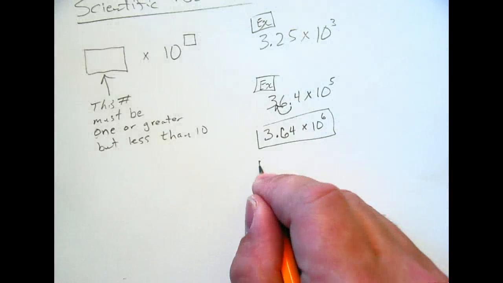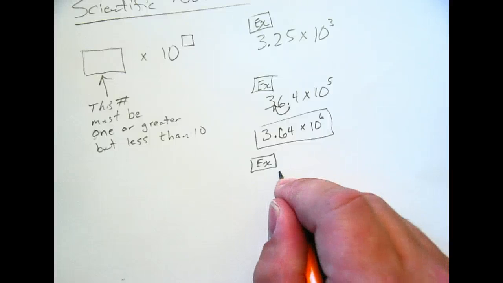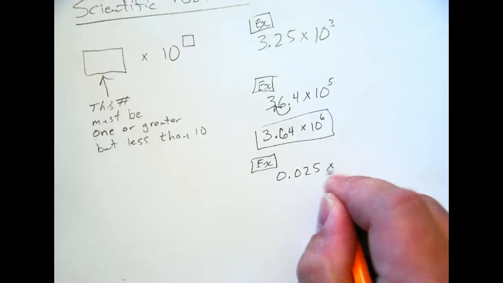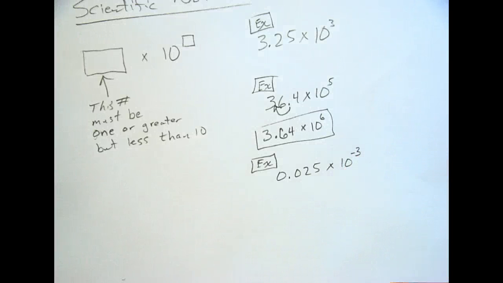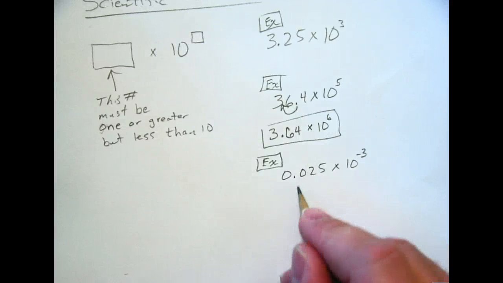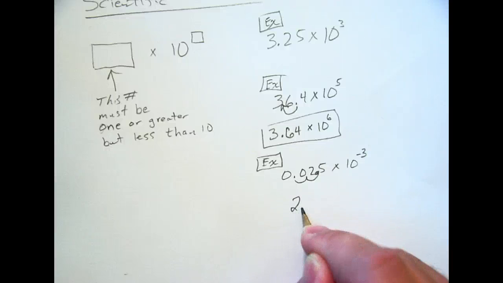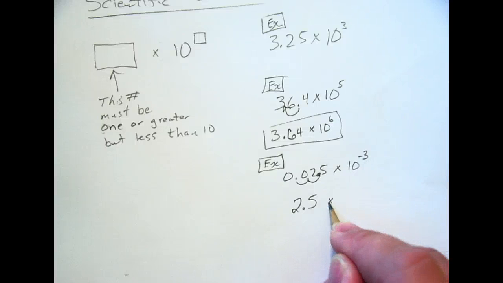Or another example would be if you had, say, 0.025 times 10 to the negative third. Okay, we got to move this 1, 2 places. So our number there, did it get bigger or smaller? Got bigger by 2, so this has to get smaller by 2.